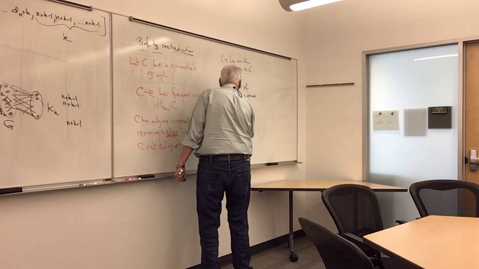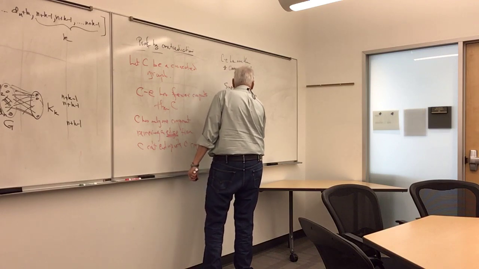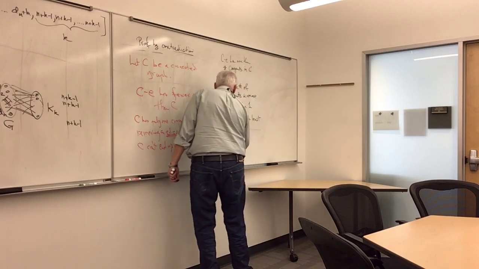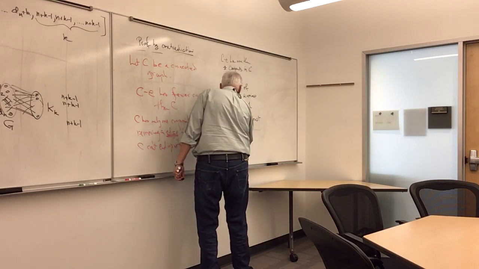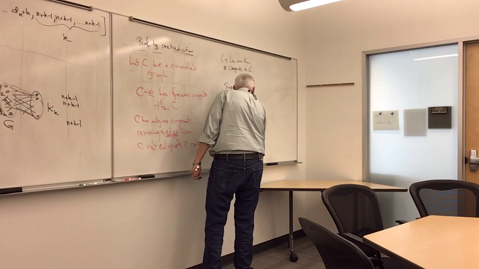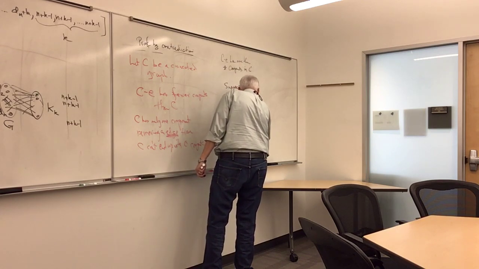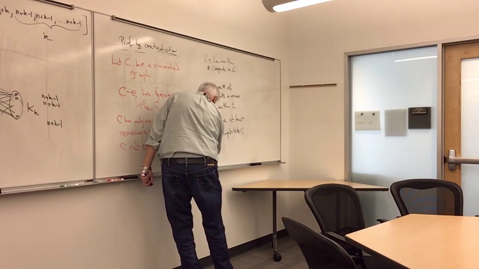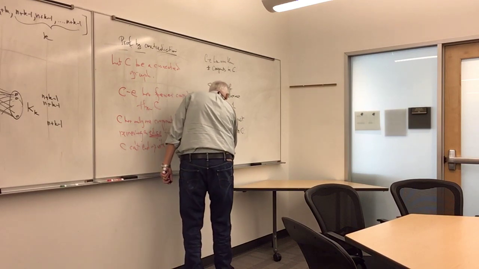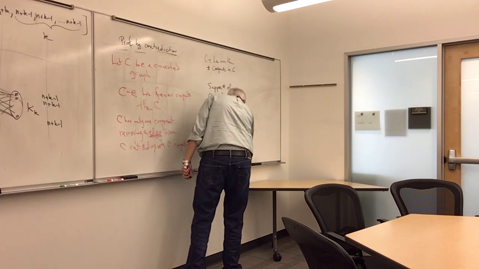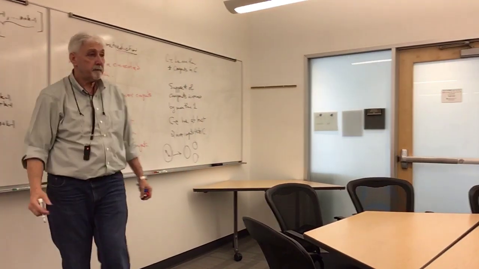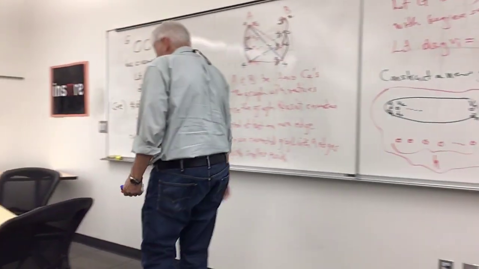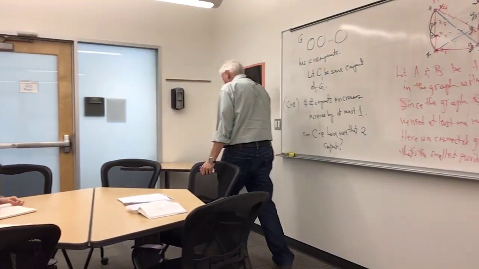C minus E has at least 2 more components than C. So, and I'm going to look at a picture. Here's C. Here's an edge. And now what we have is that I now have this many components. At least. Maybe it went up by more than that.